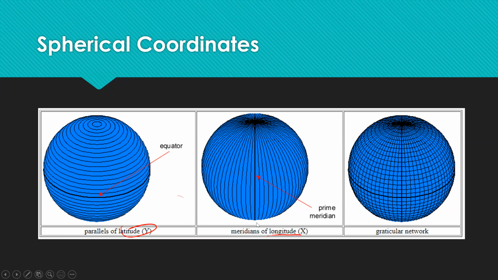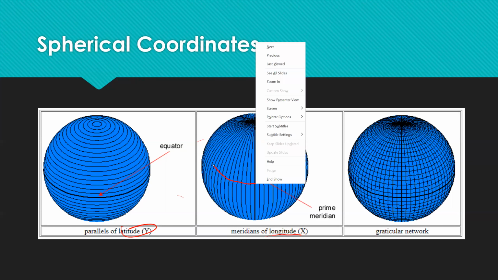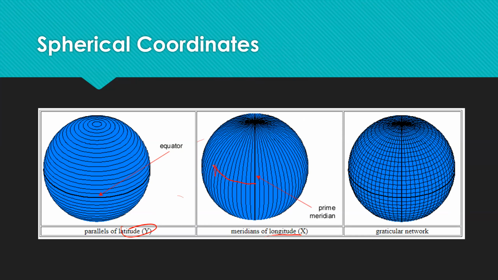Lines of longitude go north and south, but they tell us where we are in the x direction, so east-west. So longitude will go this way and this way. You can see these lines of longitude, and they give us our coordinate relative to the prime meridian, which goes through England right here.